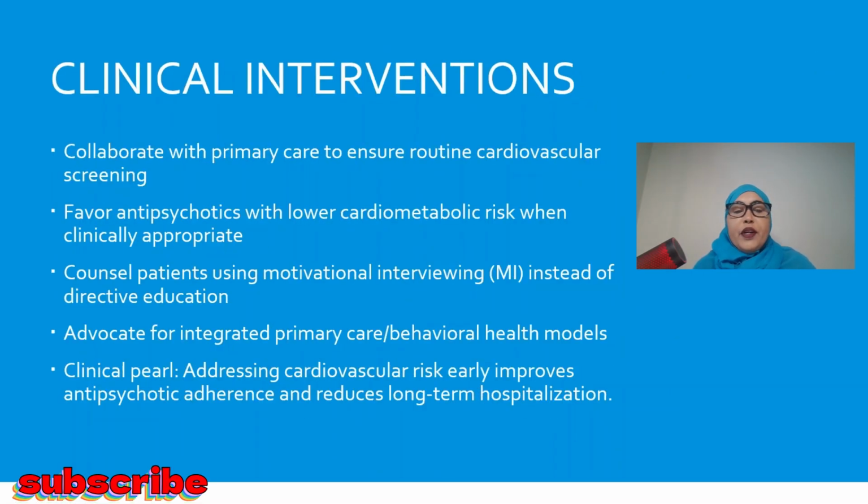Clinical interventions include collaboration with primary care to ensure routine cardiovascular screening is being done, and monitoring. You will use antipsychotic medication with low cardiometabolic risks when clinically appropriate.